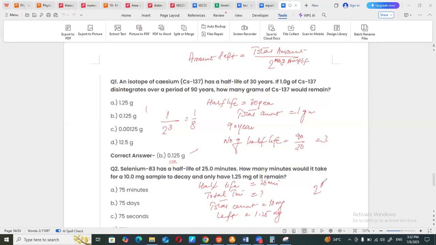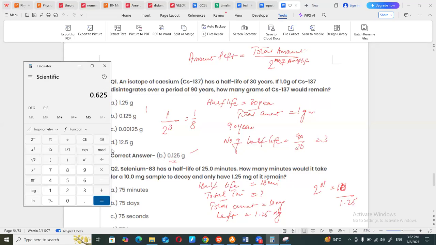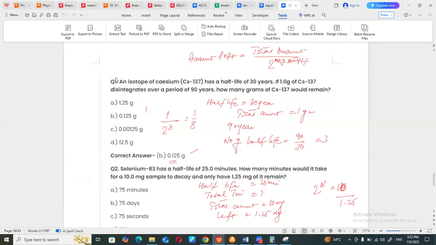So it will be 2 to the power n equals to, amount is 10, and amount left is 1.25. So basically 10 divided by 1.25 gives us 8, right?